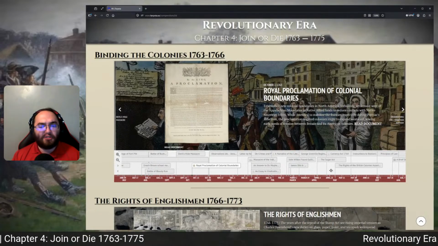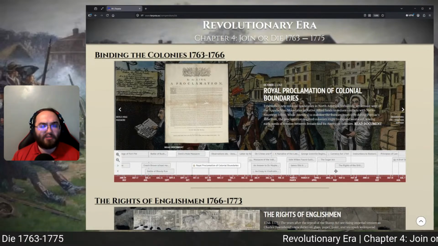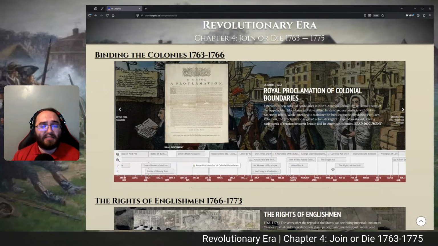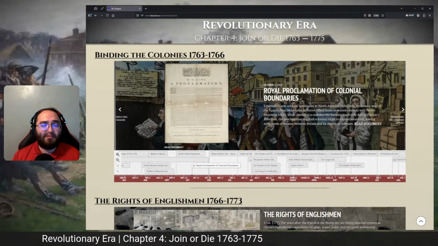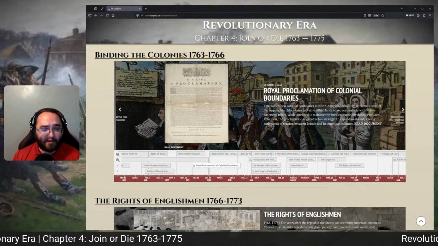If you read the petitions by the colonies complaining about British policy, this is not really one of the documents that the colonists themselves complain about.